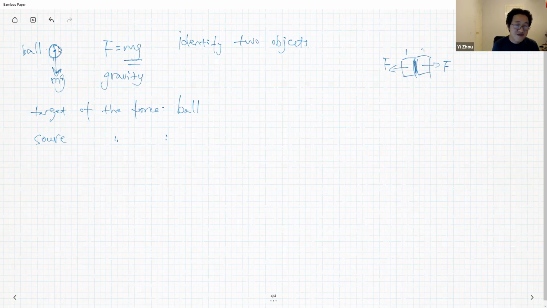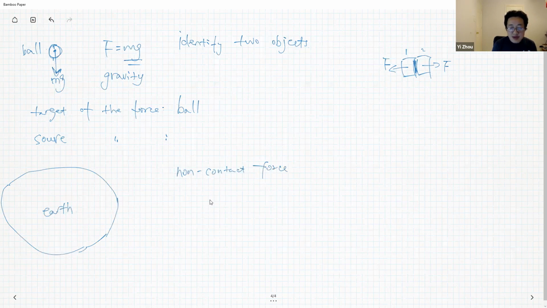So for the non-contact force, what is the source object? Anyone? Usually it's Earth. Yes, that's the Earth. We can draw a big thing here, Earth. So when we talk about non-contact force, we are talking about a field, an object in the field.